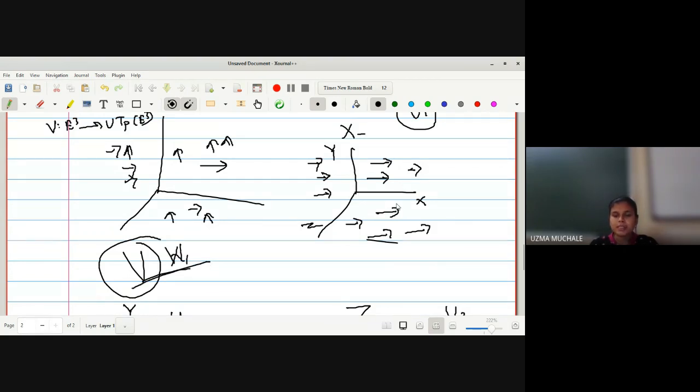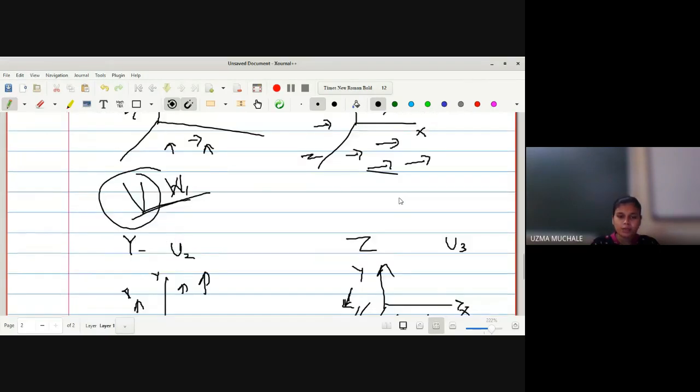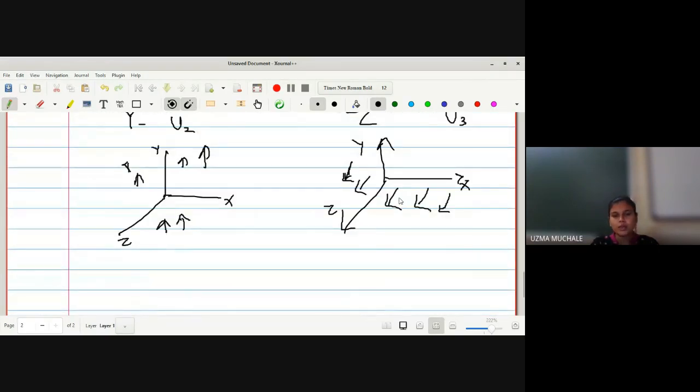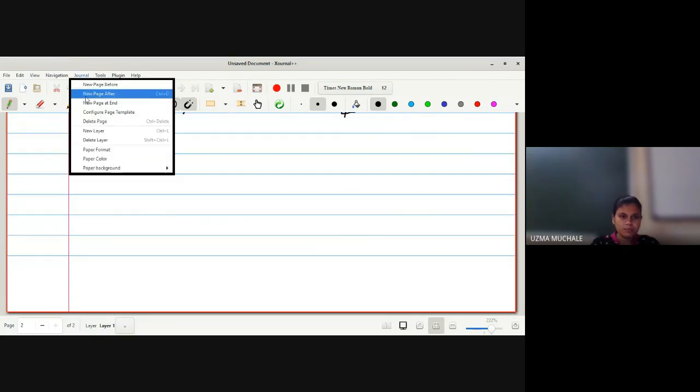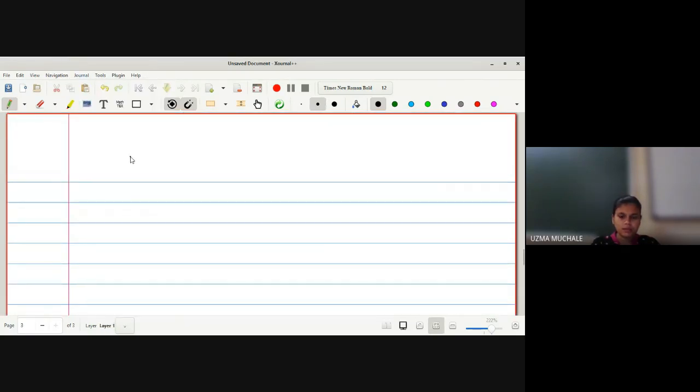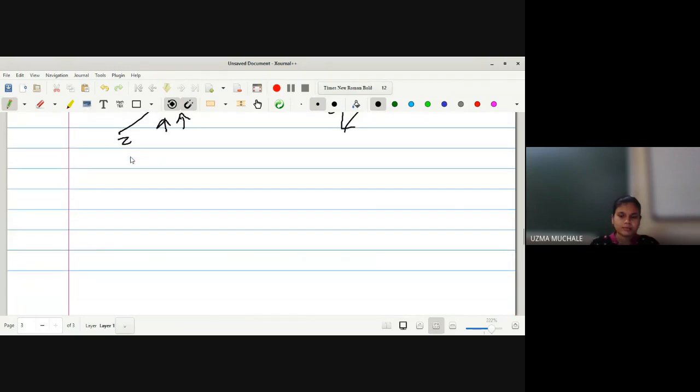And if it is a specific one, then we write it as U1 vector field, U2 vector field, and U3 vector field. Understood this one? Yes, ma'am.